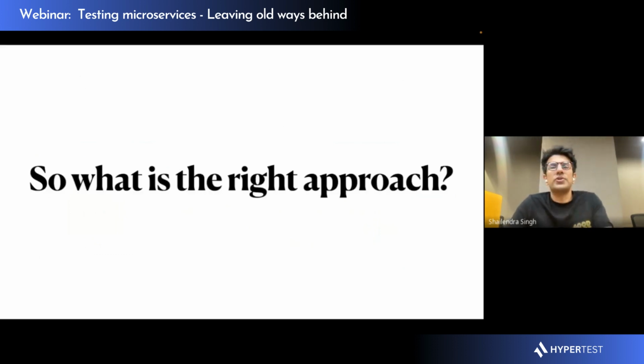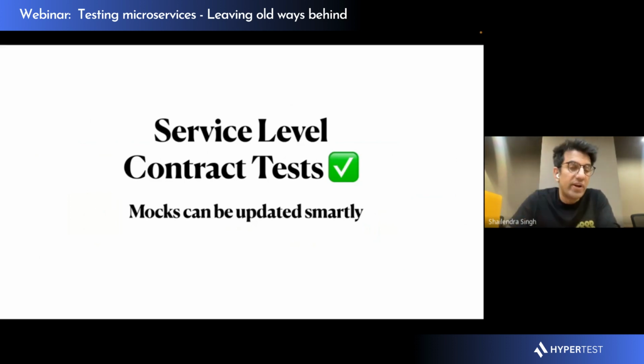So what is the right approach? We believe the right approach happens to be these unit tests, these service level contract tests, but with the addendum that somehow the mocks that these tests depend on should be able to update smartly.